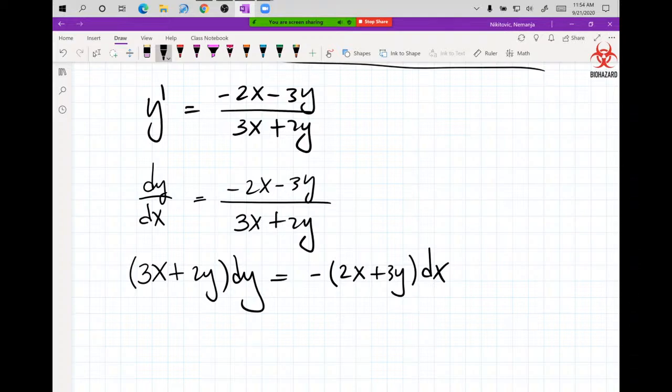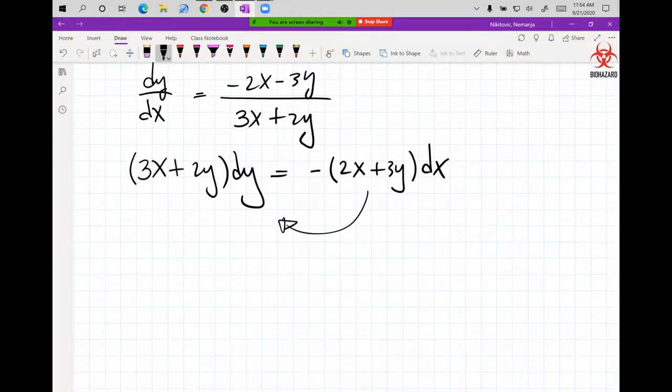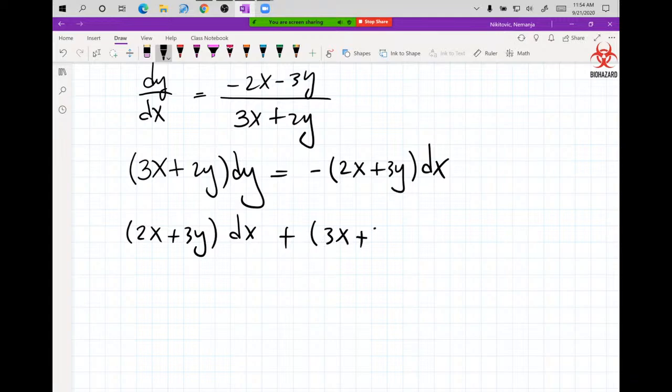So you factor the negative and at the same time move this whole term that way. So it's going to be 2x plus 3y dx plus the 3x plus 2y dy that was already there equal to 0.